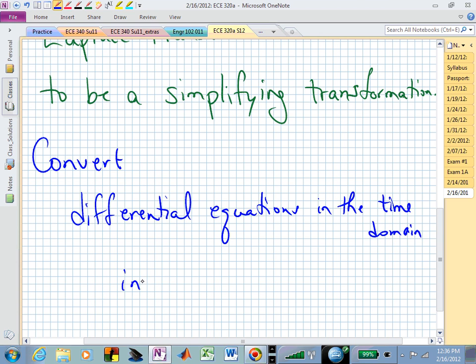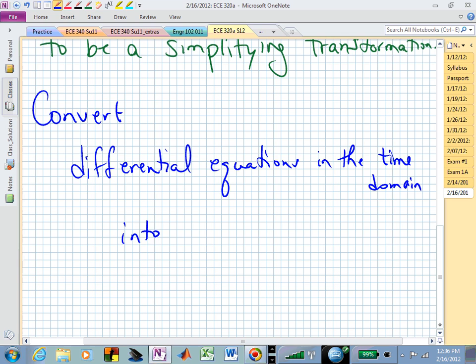What we will do is now convert those time domain differential equations, well, and it could be integral differential equations, equations that contain integrals, derivatives, etc. All of those that are in the time domain, we want to convert those into algebraic equations.